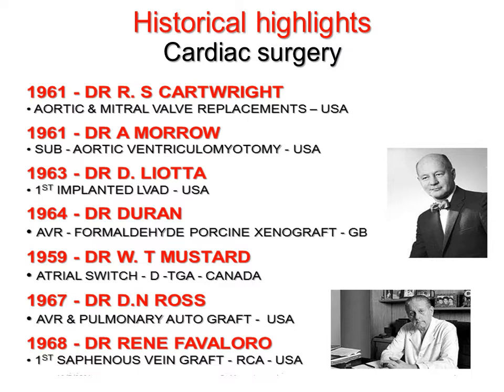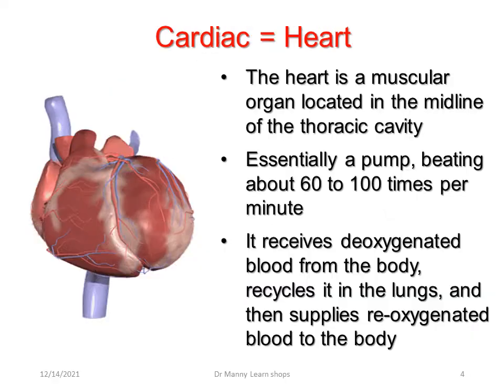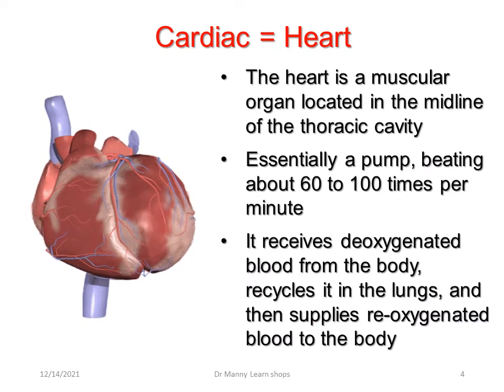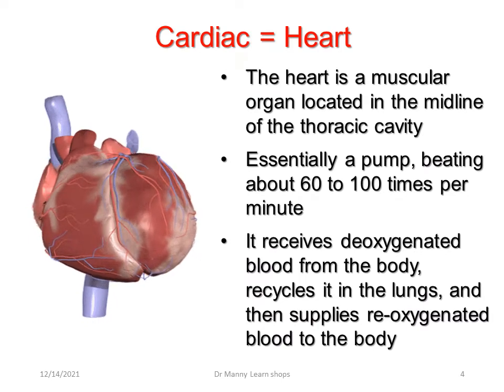That was called the Ross procedure, which you can review in part 2 of this Learn Shop. In 1968, Dr. René Favaloro did the first documented saphenous vein graft to the right coronary artery in the United States of America. Now let's briefly review, which we have done previously, the heart.